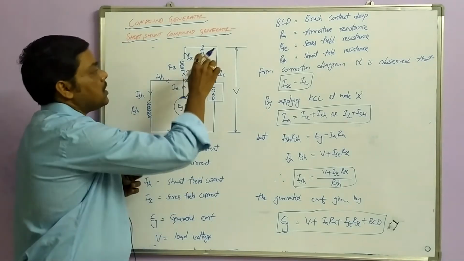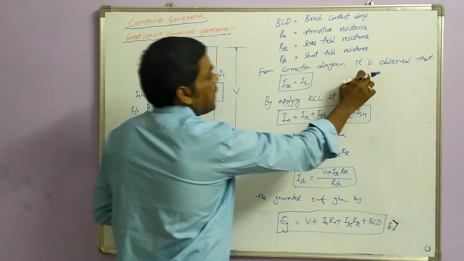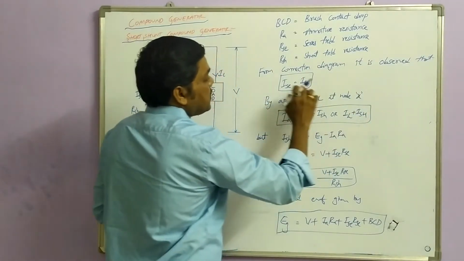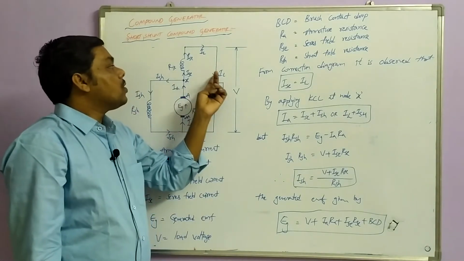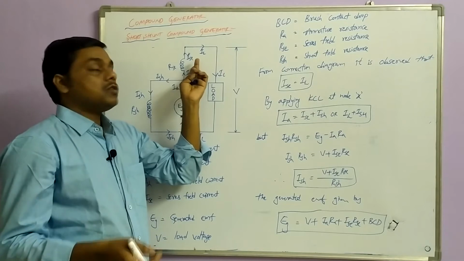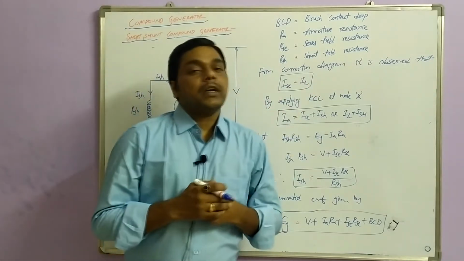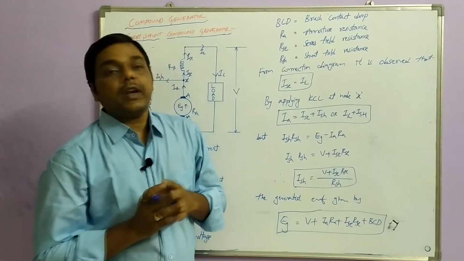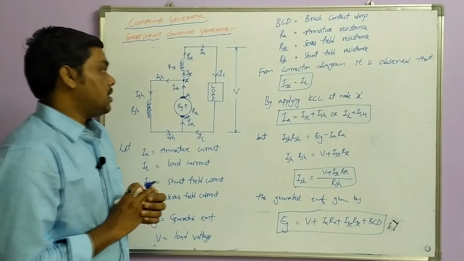Now this relation we have to observe from the connection diagram. It is observed that ISC equals IL. That means the load current, having a higher value, is also flowing through the series winding. Now this relation is a series winding current relation, like the series generator current relation.